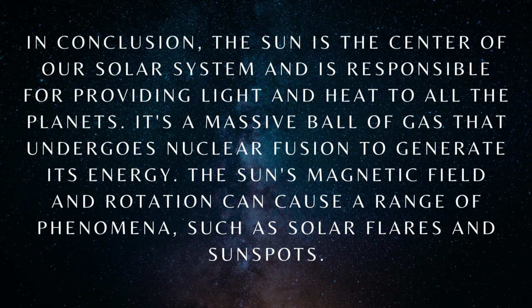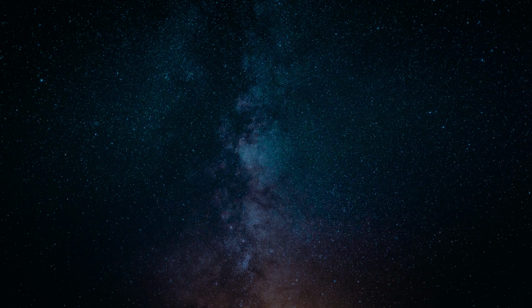In conclusion, the Sun is the center of our solar system and is responsible for providing light and heat to all the planets. It's a massive ball of gas that undergoes nuclear fusion to generate its energy. The Sun's magnetic field and rotation can cause a range of phenomena, such as solar flares and sunspots.